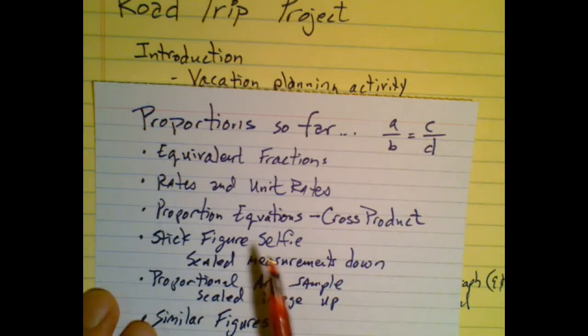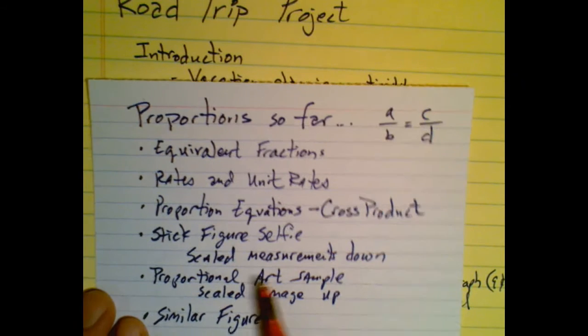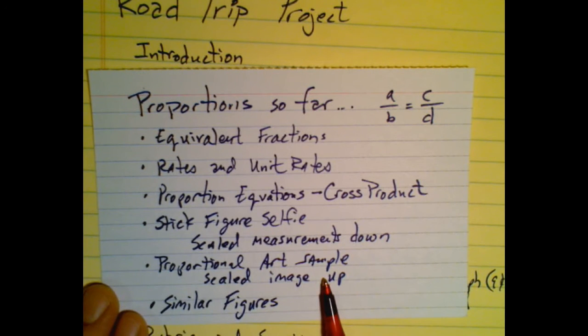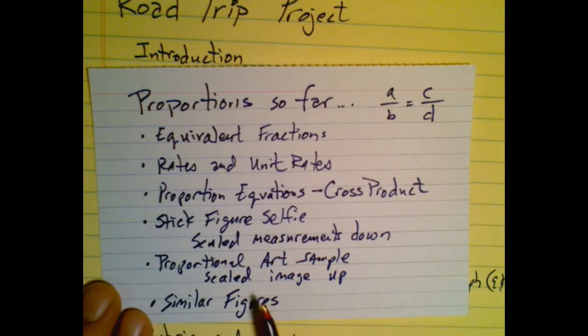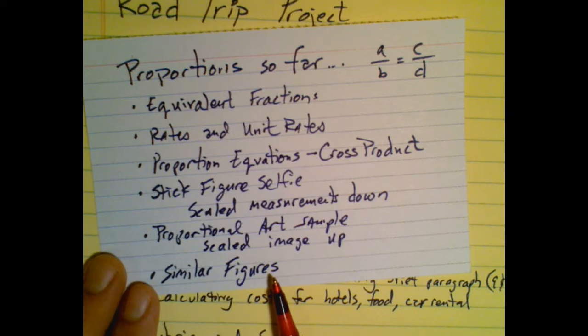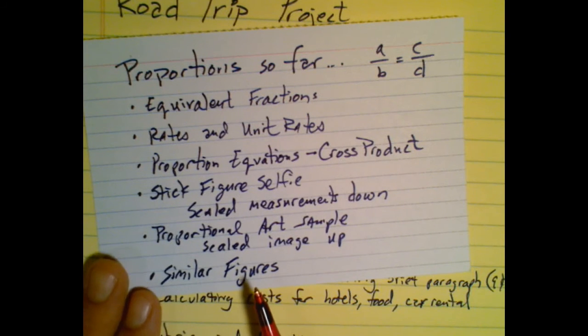There was the stick figure selfie, where we scaled measurements down so it could fit on a page for a drawing, as well as when you took an art sample and scaled the image up. You also wrote and solved proportions for similar figures, and then last week we used proportions and shadows to indirectly measure the heights of things that we couldn't quite reach.